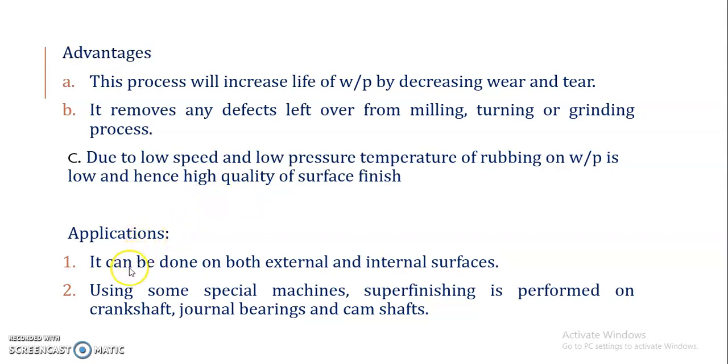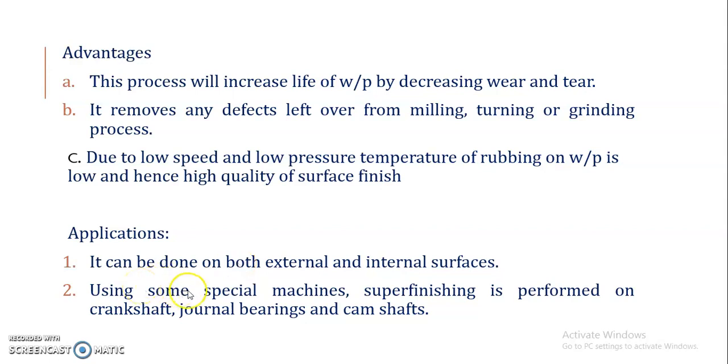As I already told you, this process can be done on both external as well as internal surfaces of cylindrical workpieces. Whereas the honing operation we only use for internal cylindrical hole surface finishing, this super finishing process you can use for both external as well as internal surfaces.